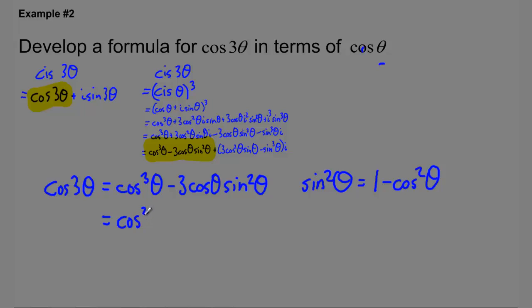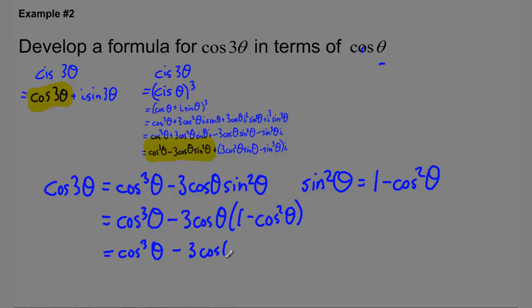So that becomes cosine cubed theta minus 3 cosine theta times 1 minus cosine squared theta. So let's expand that and simplify. That would be cosine cubed theta minus 3 cosine theta plus 3 cosine cubed theta. These will simplify, and our final answer is 4 cosine cubed theta minus 3 cosine theta. And that is the cosine of 3 theta.